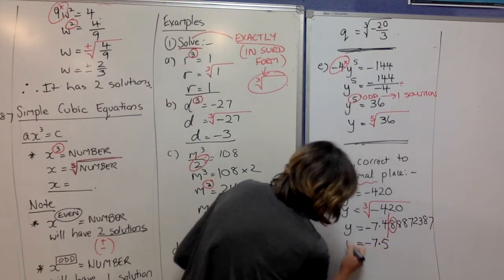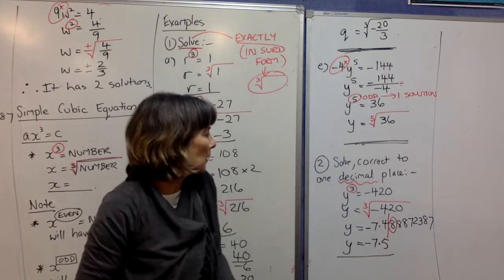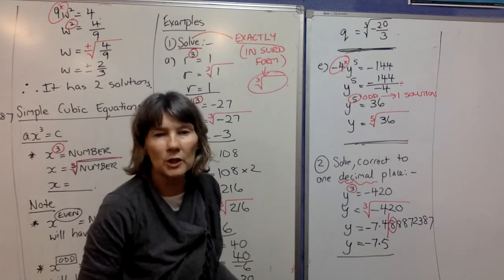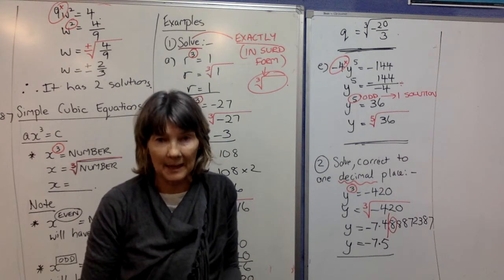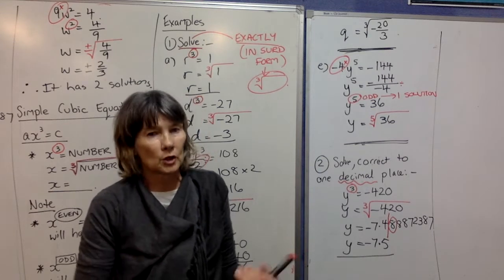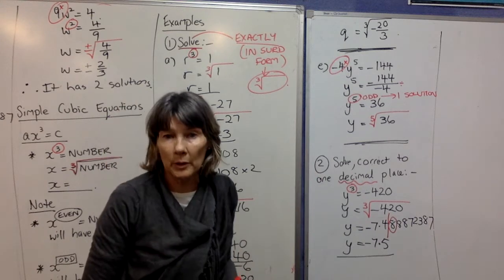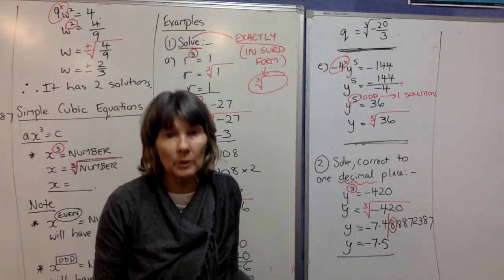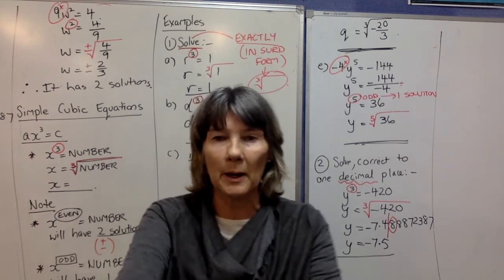There's your answer to 1 decimal place. Okay, so just be careful with these questions. Read the question carefully. Solve means it has to be exact. If your calculator's giving you a messy decimal, you stop the line before. If it mentions the word decimal in the question, feel free to give that decimal and do the rounding they've asked. Okay, so good luck with your homework. Practice, practice, practice.